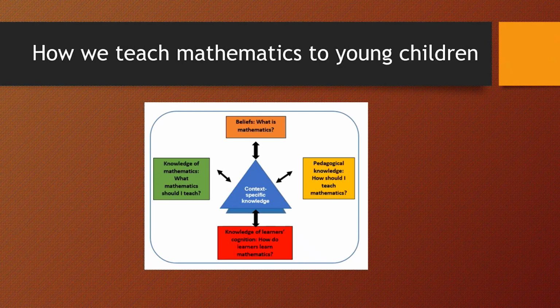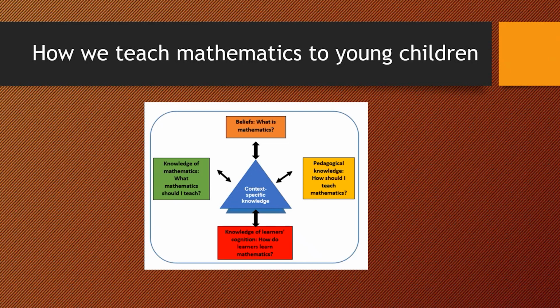So once we look at pedagogical knowledge, this tells us how should I teach mathematics? That's pedagogy. Then we look at the knowledge of learners, cognition. How do learners learn mathematics? It's important for you to understand that you should teach mathematics in a manner that allows learners to learn the mathematics.